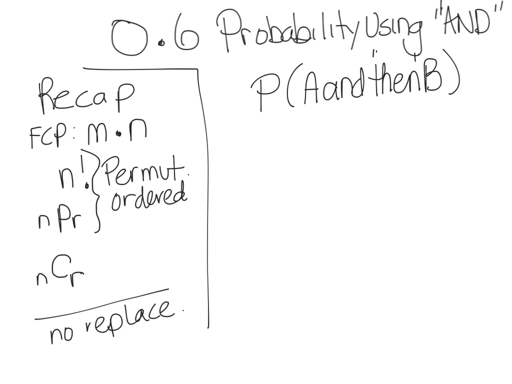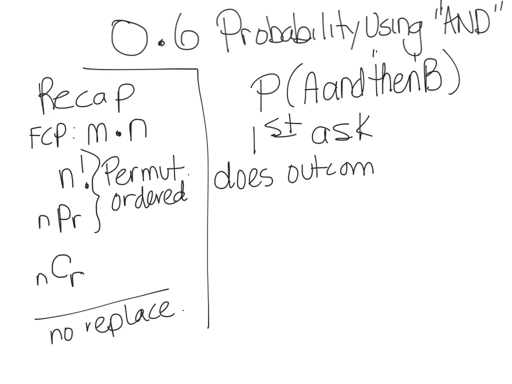So we have to first ask a question when you have two events: does the outcome of A affect the outcome of B? What happens first, does that then influence what happens second?